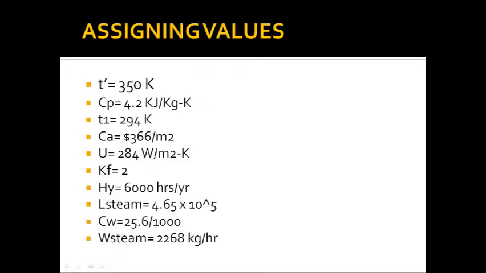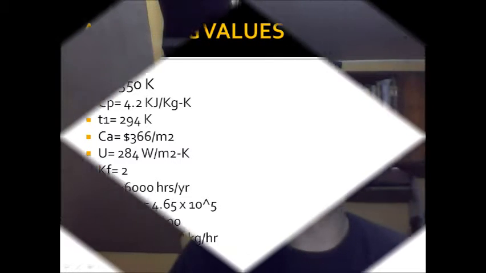H sub Y is 6,000 hours per year. The L sub steam or the heat of condensation of vapor is at 4.65 times 10 raised to 5 joules per kilogram. CW is at 25.6, and the flow rate of the steam is at 2,268 kilograms per hour.